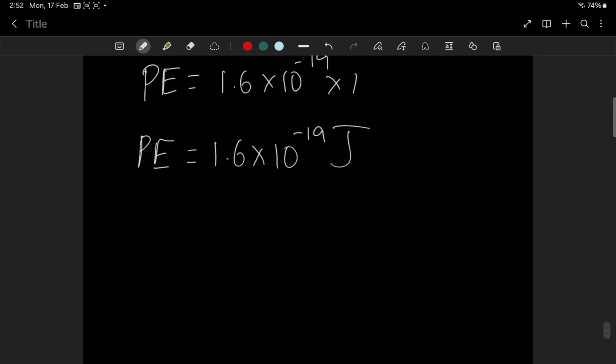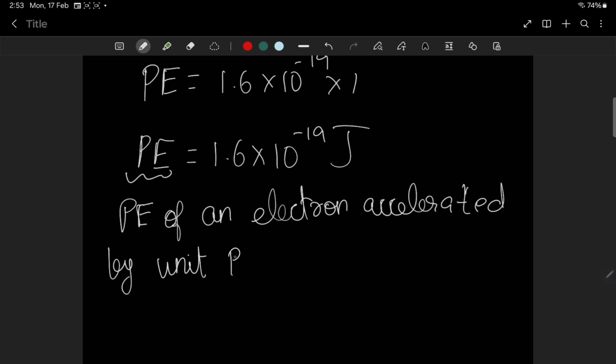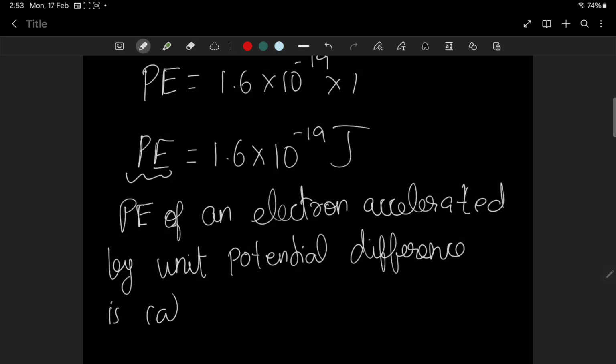This potential energy of an electron accelerated by unit potential difference is called what?